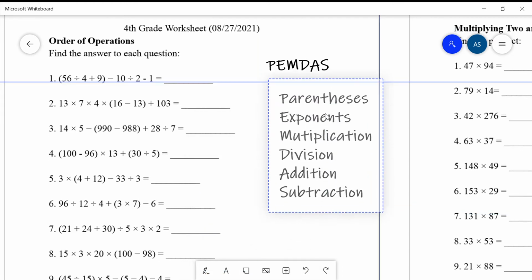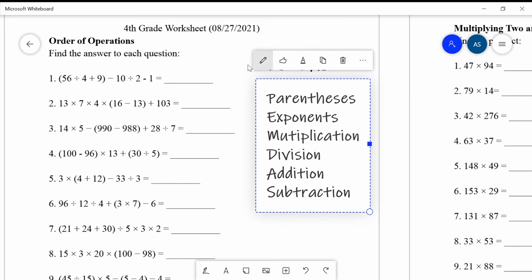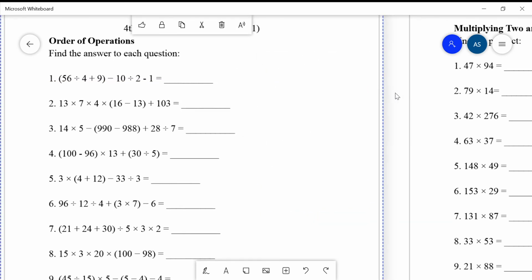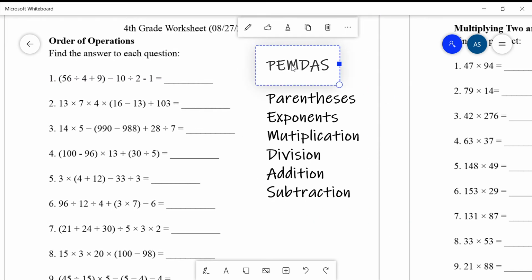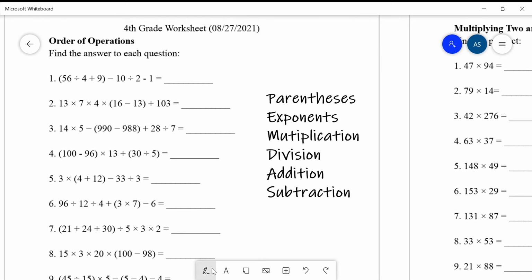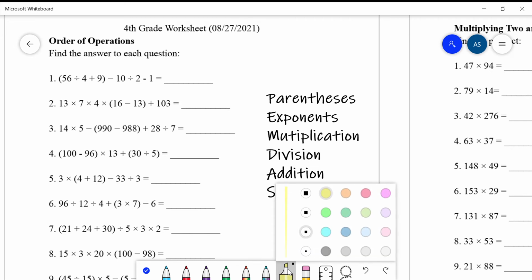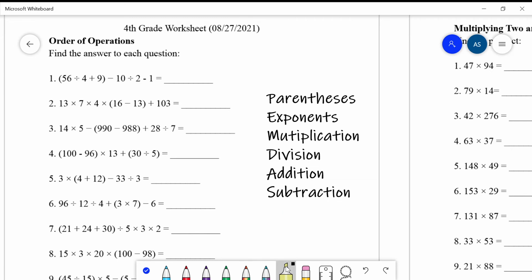Oops, I'll move this here for you to see. Oops, there we go. And then, let me highlight this for you.